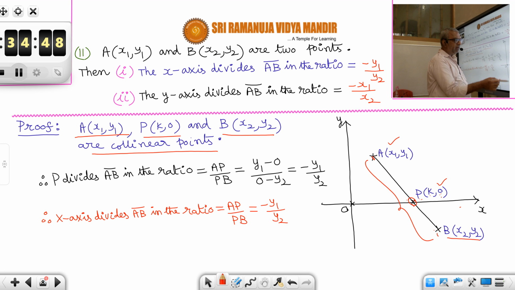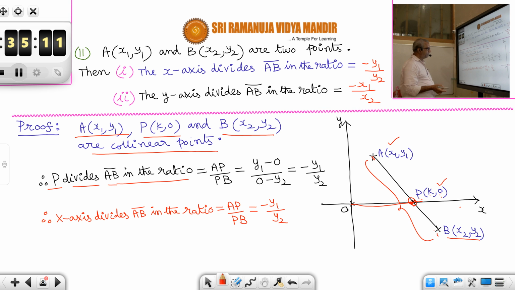If A, P, B are collinear, A divides PB in what ratio? P divides AB in what ratio? So I will consider only one ratio. P divides AB in what ratio? This P, where the x-axis is cutting the line segment.